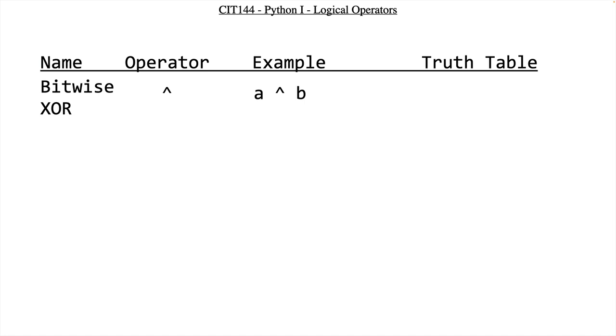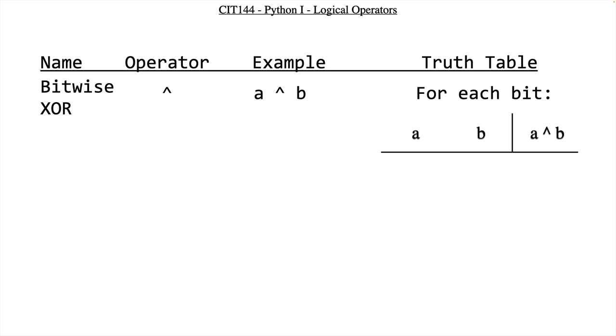It's going to look like A ^ B, which you would read as A exclusive OR B. The truth table for exclusive OR is: the expression A exclusive OR B is true if A or B is true, but not both. So it's a slight variation on the OR operator. It's going to start out looking the same.